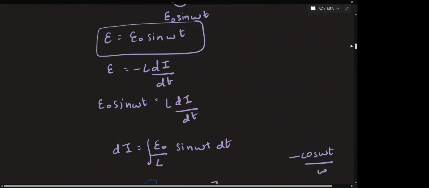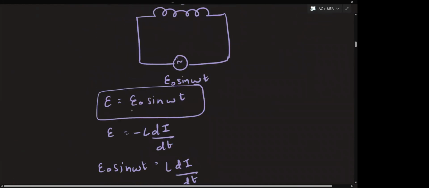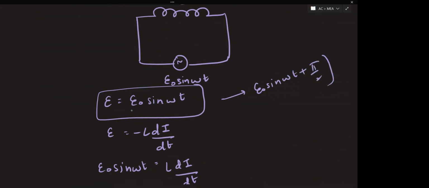Or you can write E as E naught sine omega t plus pi by 2, which shows that voltage is leading, or I naught sine omega t minus pi by 2, which shows that current is lagging.